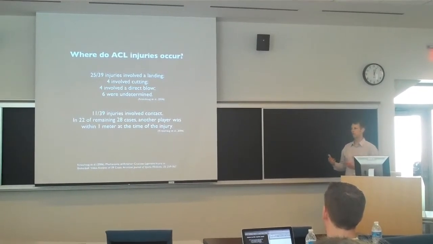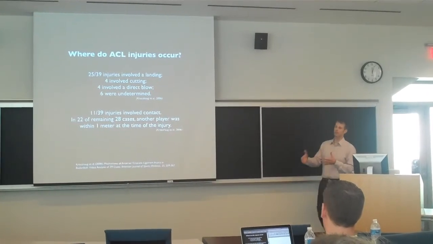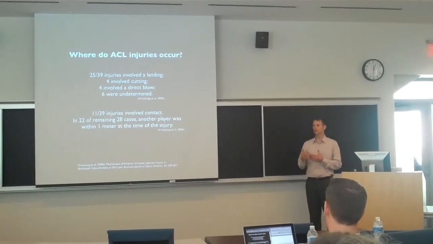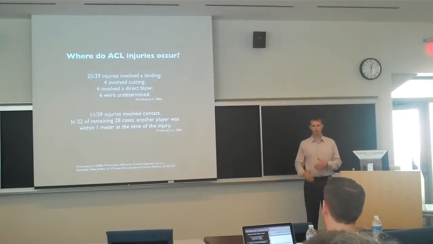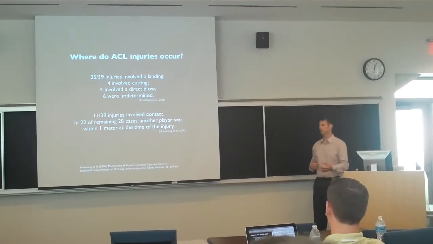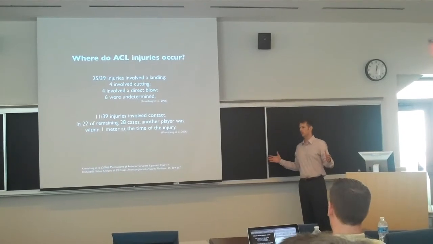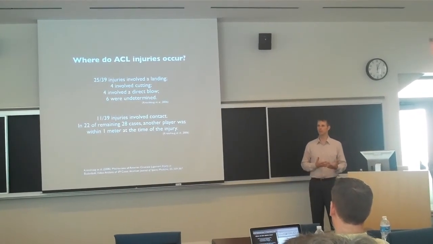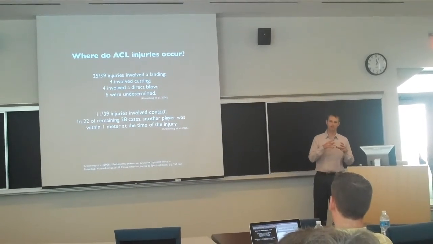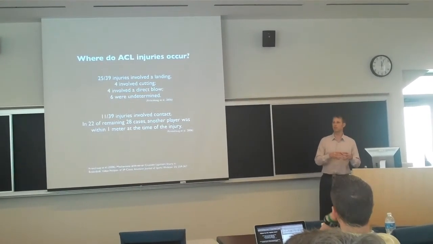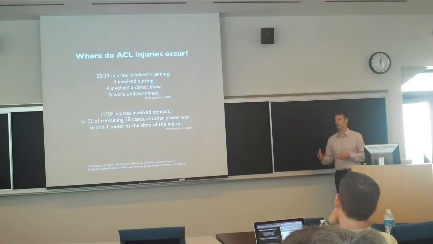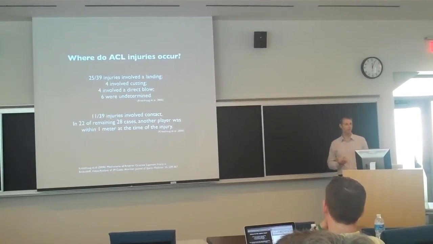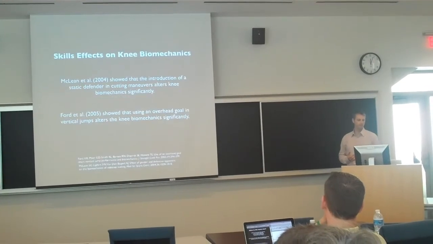So when we're in the weight room thinking about how we can prevent injuries, we have to take into consideration that if we're just doing tuck jumps or box jumps or hurdle jumps in isolation, that's not the same skill that's causing the injuries in a game. It is the jumping and the landing that's causing it, but it's a more complex skill that happens in the game, and that's what adds to the injuries.